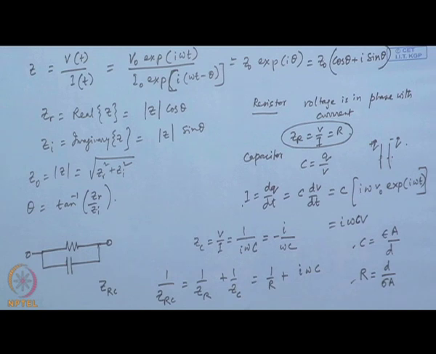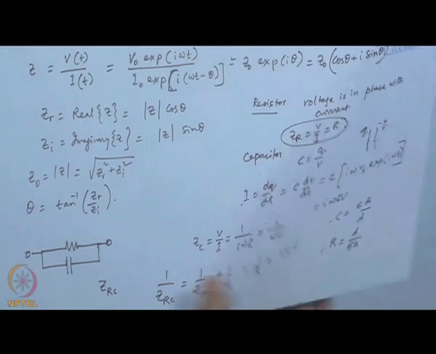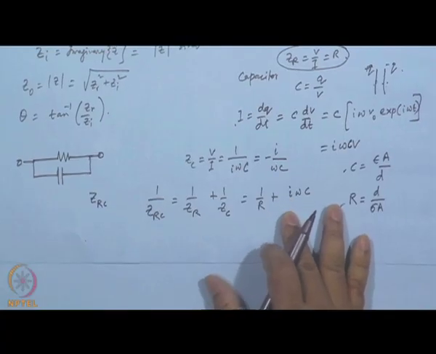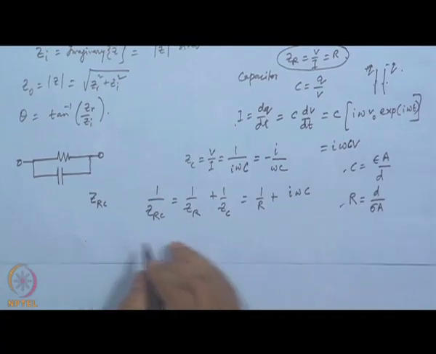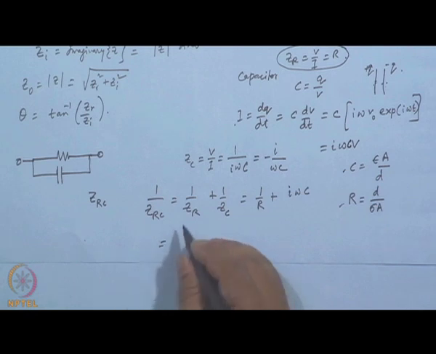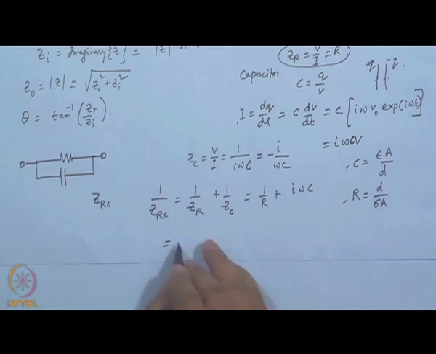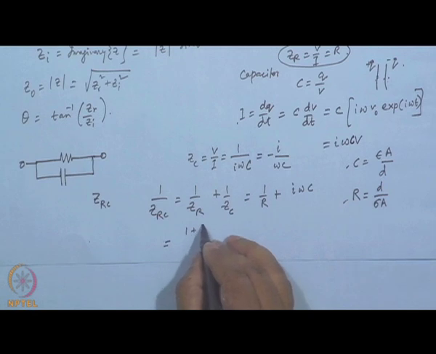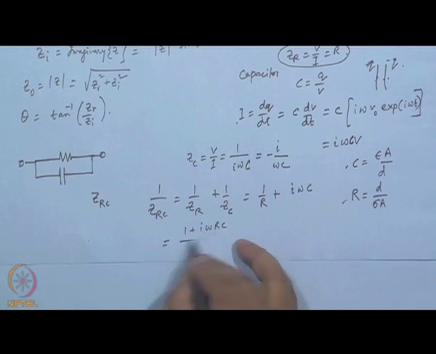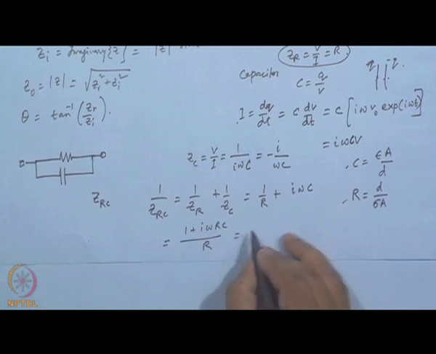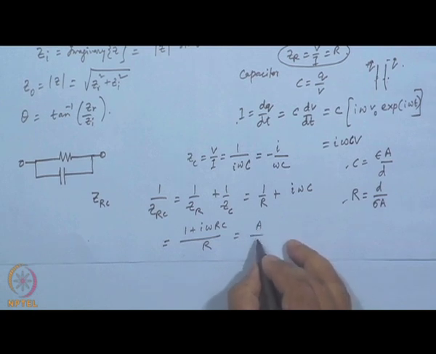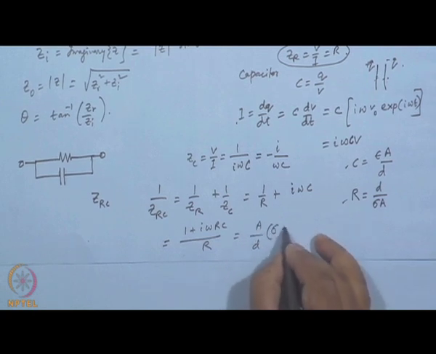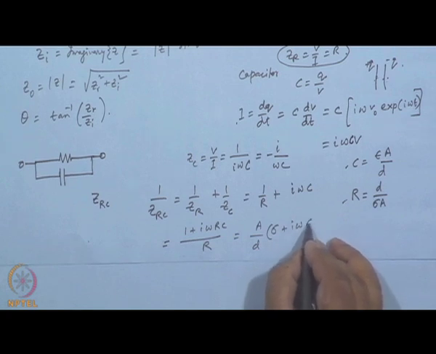So, in that case 1 by ZRC would be 1 plus i omega RC divided by R, which would be equal to A by D into sigma plus i omega epsilon.